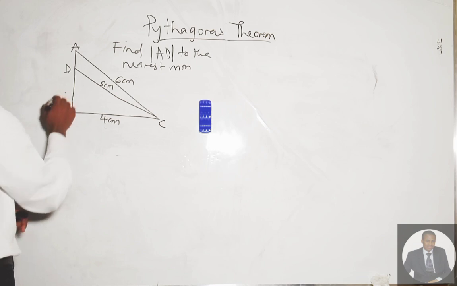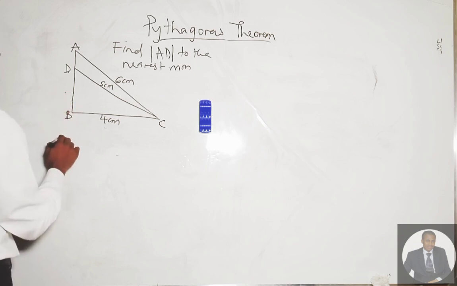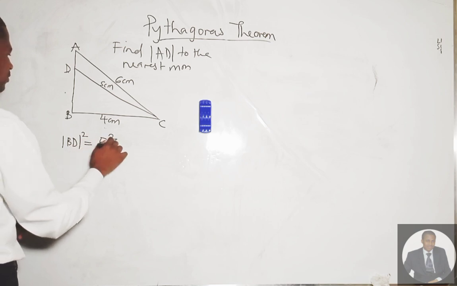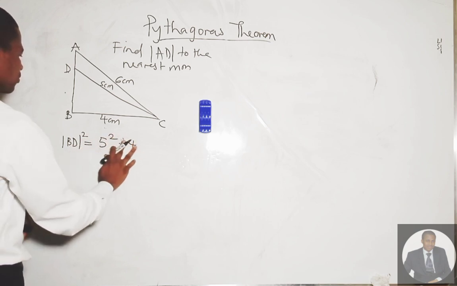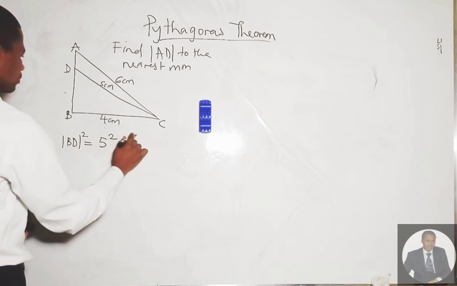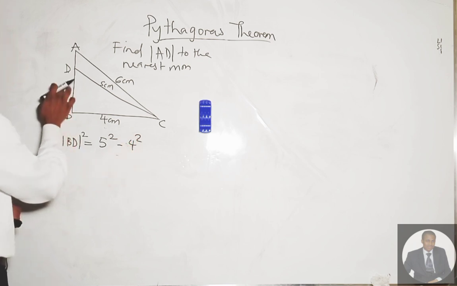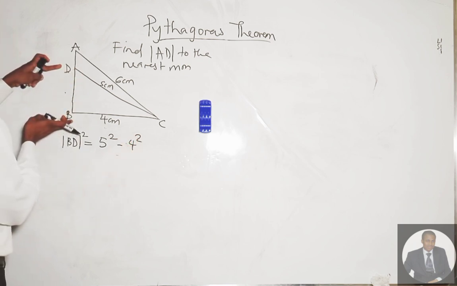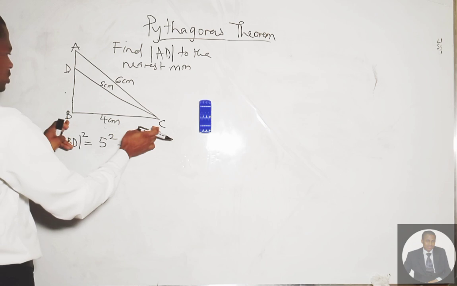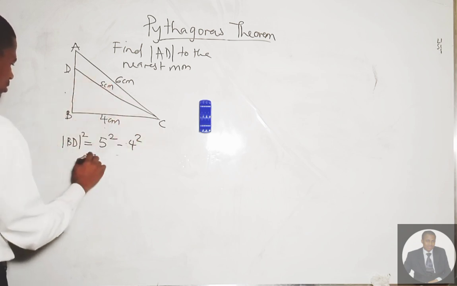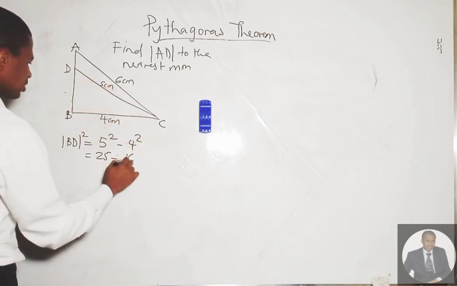So let's say BD square will be equal to 5 square minus 4 square, because line BD square plus BC square equals this. So this will give us 25 minus 16.